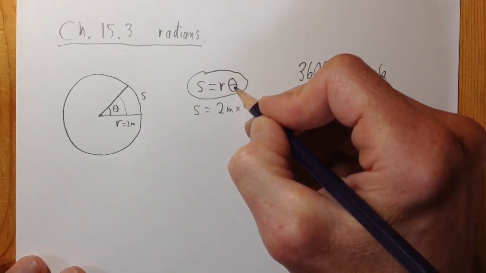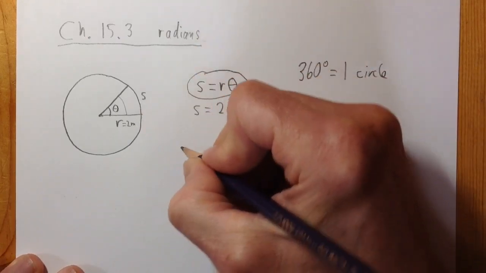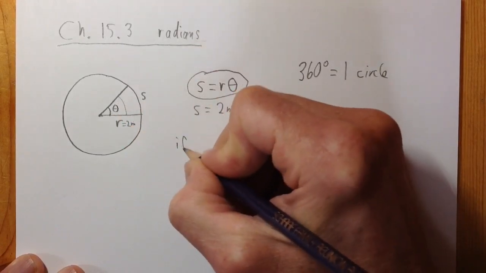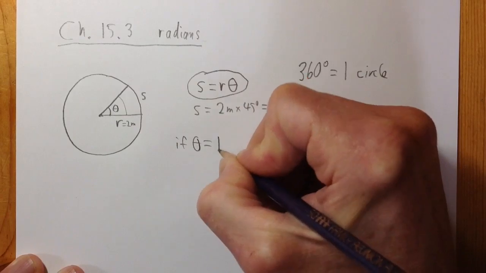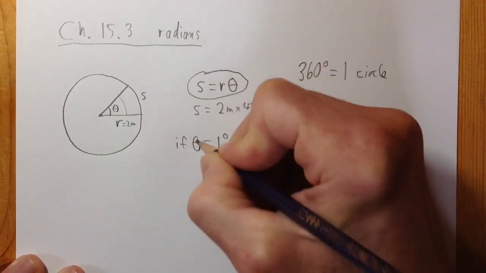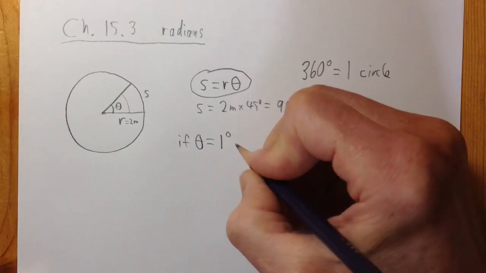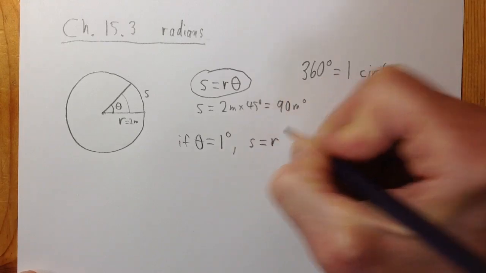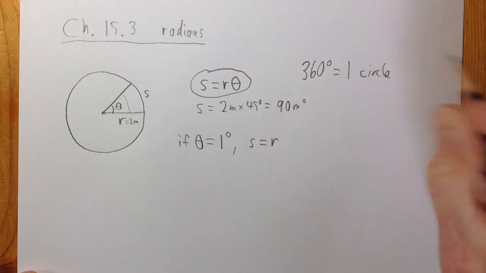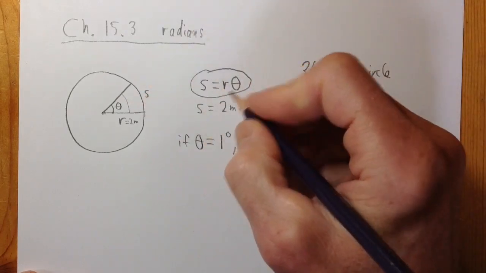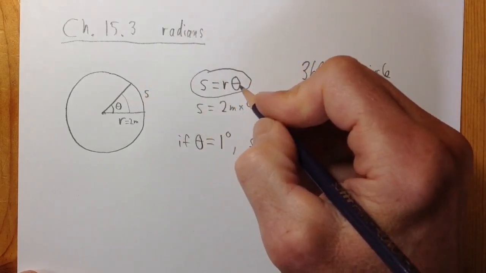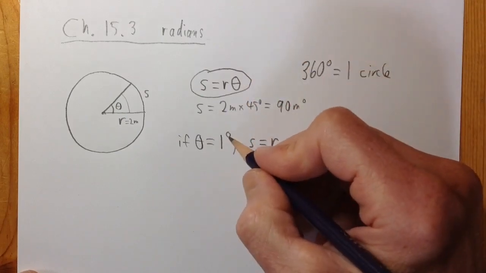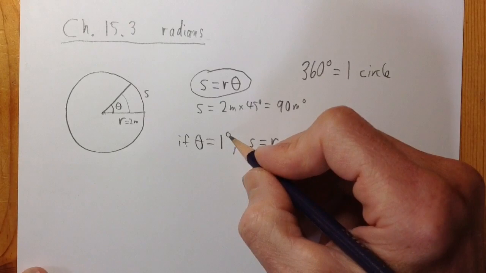So let's redefine it. If we travel 1 degree in our circle, so if theta equals 1 new degree, I'll just still call it a degree, then the distance we go, S, is equal to the radius. Wouldn't that be nice? Then we can just use this formula, that S is equal to R times theta. So instead of calling it degree, because that's used, what they decided to do is call that a radian.